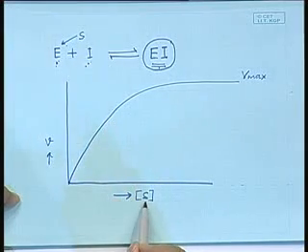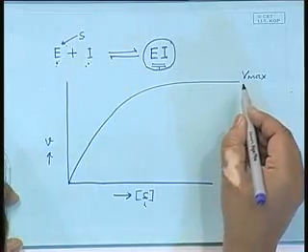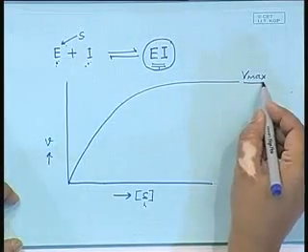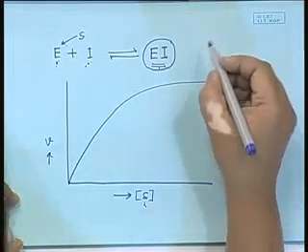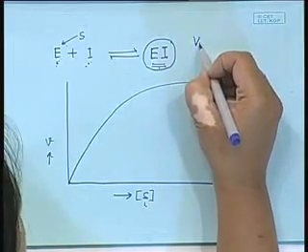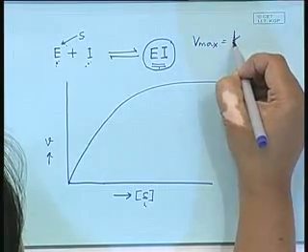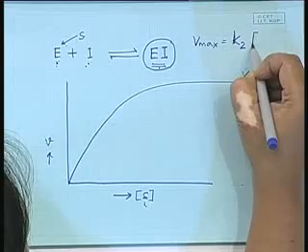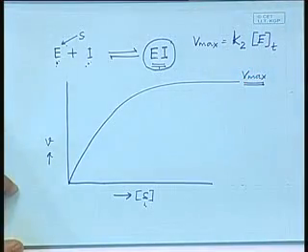If I add a large amount of substrate, I can have the enzyme actually reach the same value of Vmax. What do I mean by that? What is my Vmax? It is my k2 times the total enzyme concentration. My total enzyme concentration is fixed.